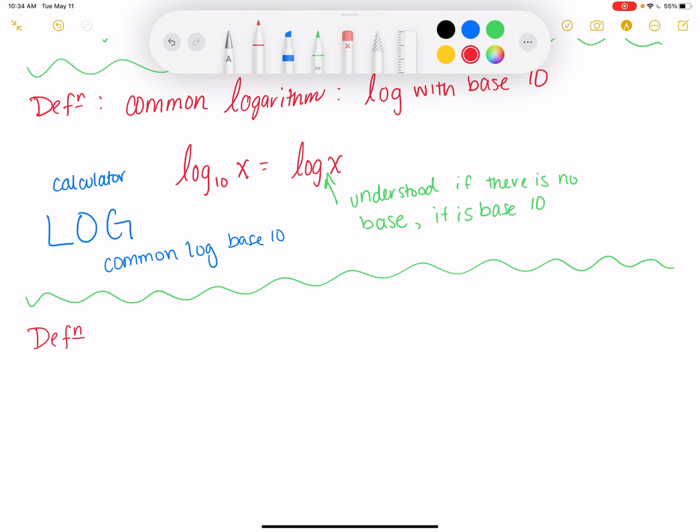We also have a natural log. Log with base e. Okay, e is a number.